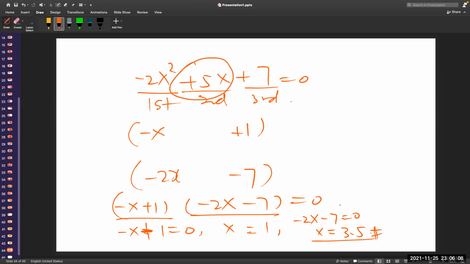So these are the two answers. x equals -1, sorry. Okay. x equals 1 and 3.5. Did I make any mistake? Let me see. No, there is no mistake. Okay, 1 and 3.5. So let's compare the answer to the graph answer.